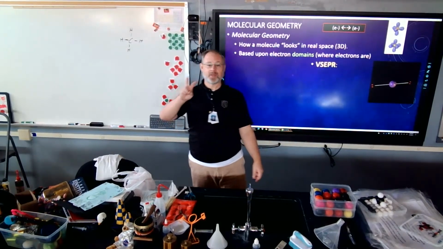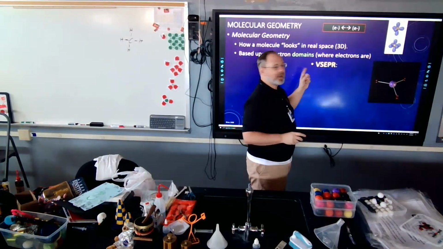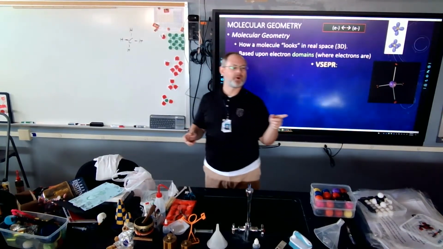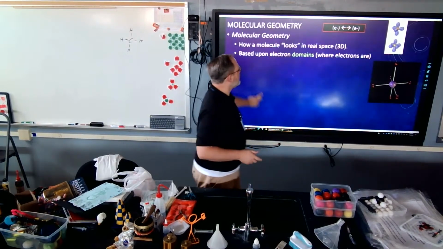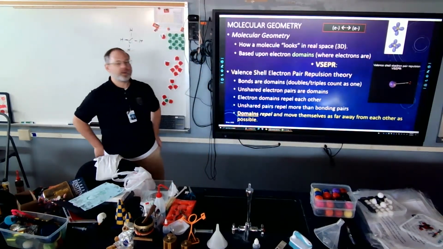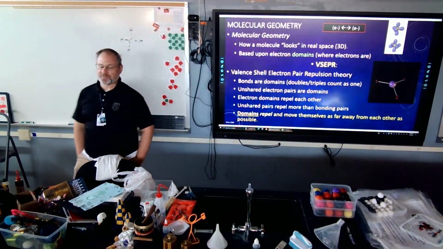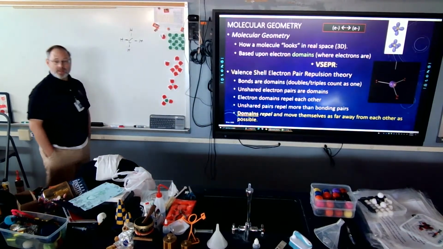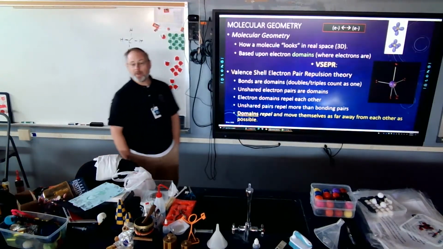Electrons always come in pairs, so electron pair. And which electrons are doing the repelling? The valence. So VSEPR is valence shell electron pair repulsion theory. And it basically says this: domains are formed from bonds or unshared pairs, and they repel each other.